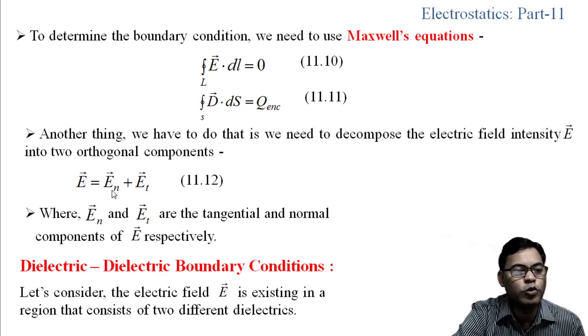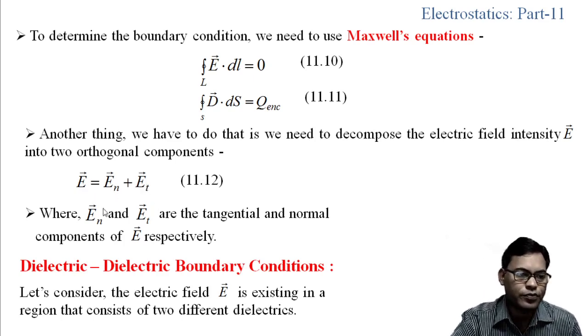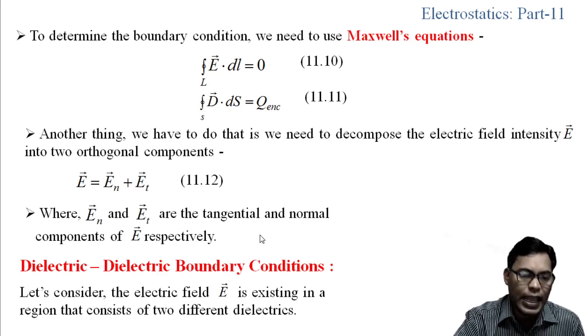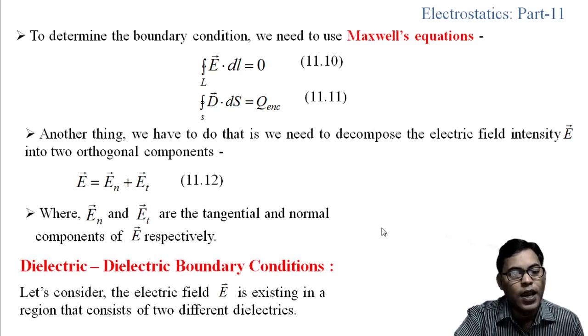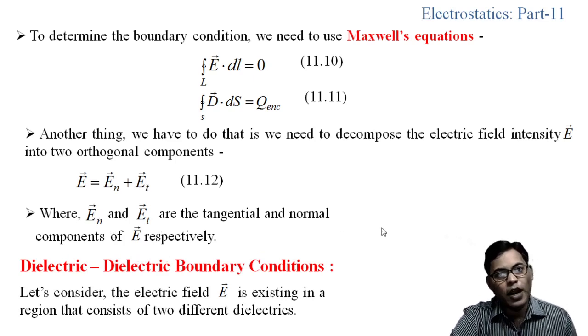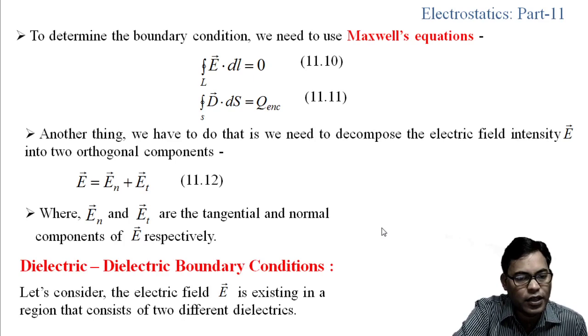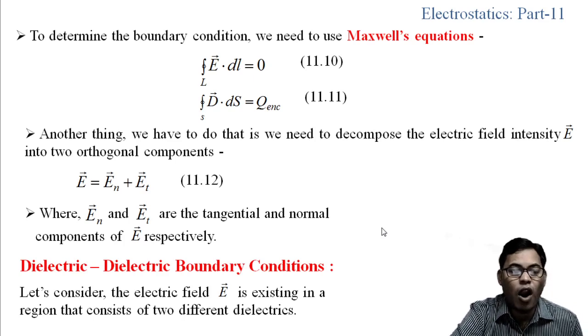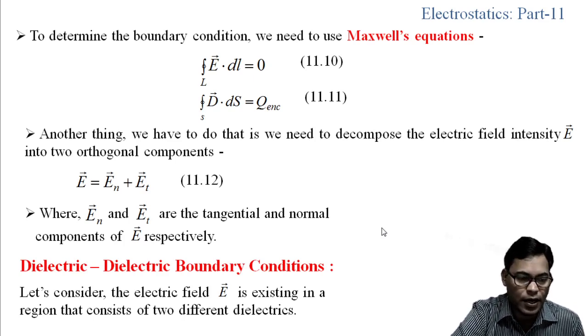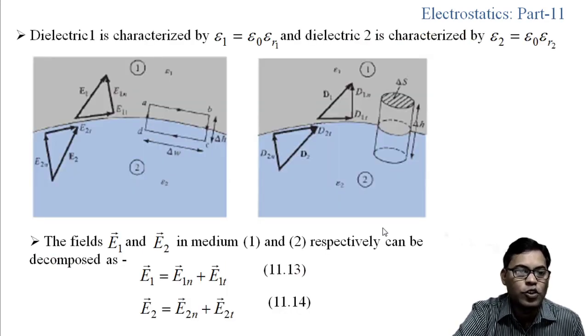So E equals Et plus En, where Et and En are the tangential and normal components of E respectively. Now let us find the boundary conditions on the dielectric material. First we consider the electric field E existing in a region that contains two different dielectrics. So here you see picture 1 and picture 2.